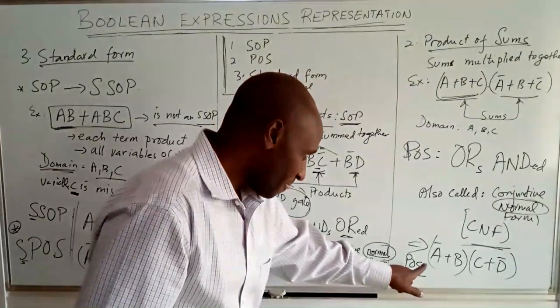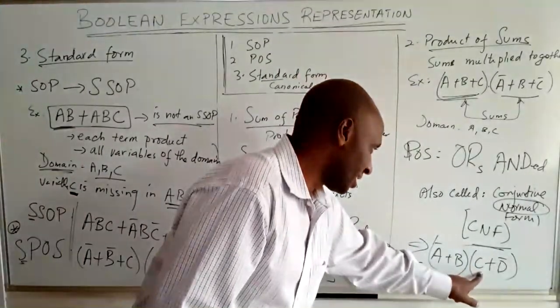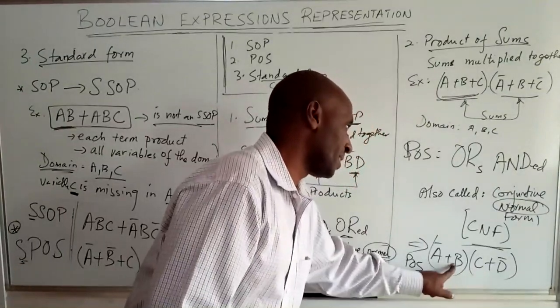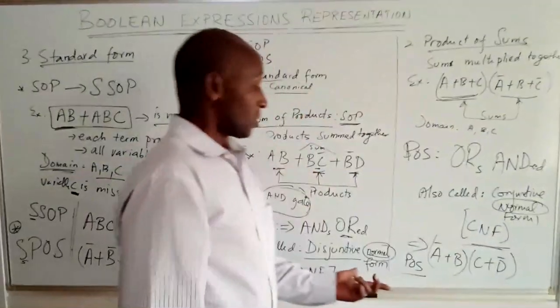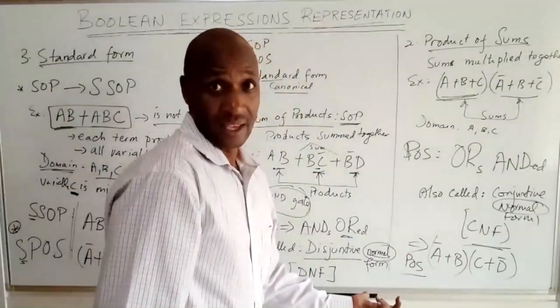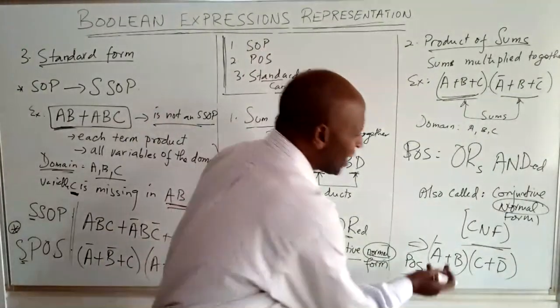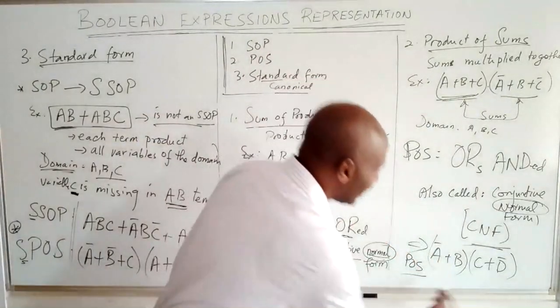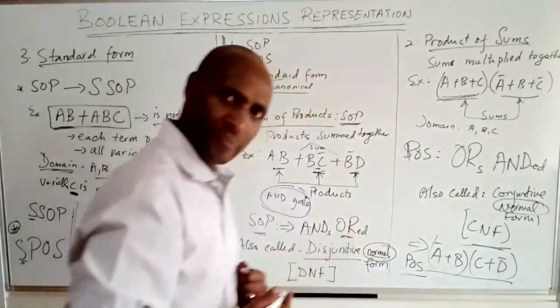Because A is there, but A is not there. C is there, C is not here. B is here, but B is not there. D is there, but D is not there. So this is not standard, but it is a normal POS. Now, how can we convert it to a standard form?